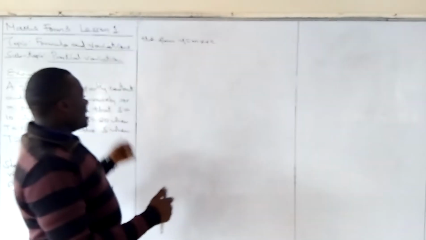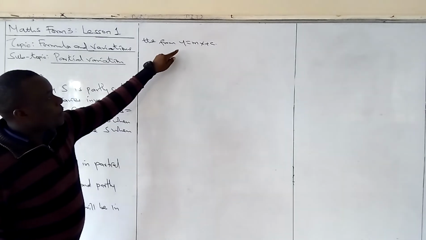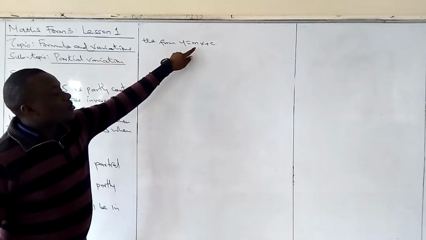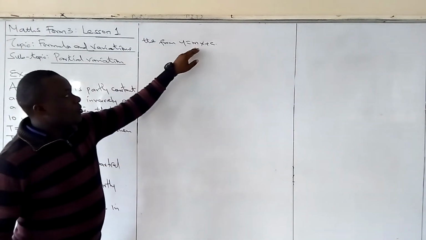So when you combine, the whole statement will give you an equation in the form of y is equal to mx plus c. That's when there is this statement: part constant and part varies as.